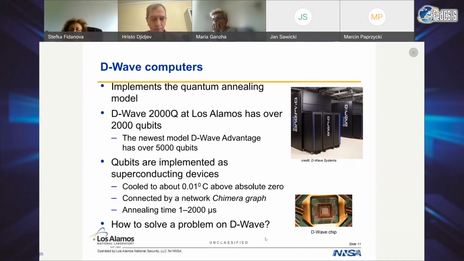This is a regular chip technology that's used in other computers, but the trick that makes them quantum is the very low temperature. So on the bottom we have the picture of a chip.